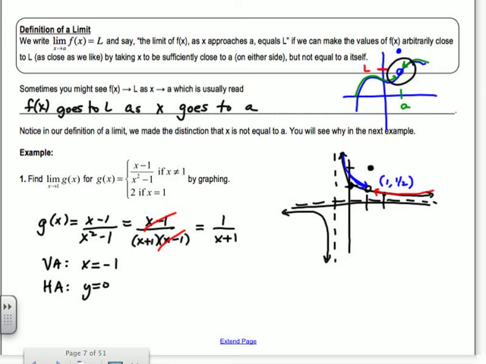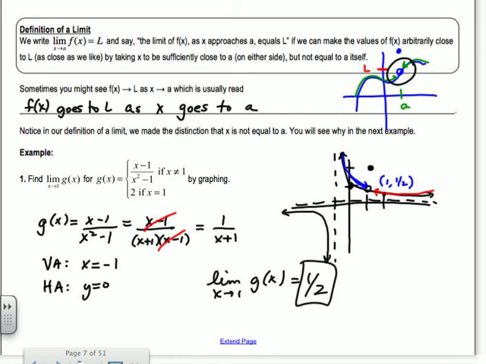It's just saying as you keep getting closer and closer to 1. So if I did 1.1, I'm really close to 1/2. 1.01, I'm even closer to 1/2. As I go from the left to 0.9, 0.99, you're always getting closer and closer to that open circle. So the limit as x goes to 1 of g of x is equal to 1/2.